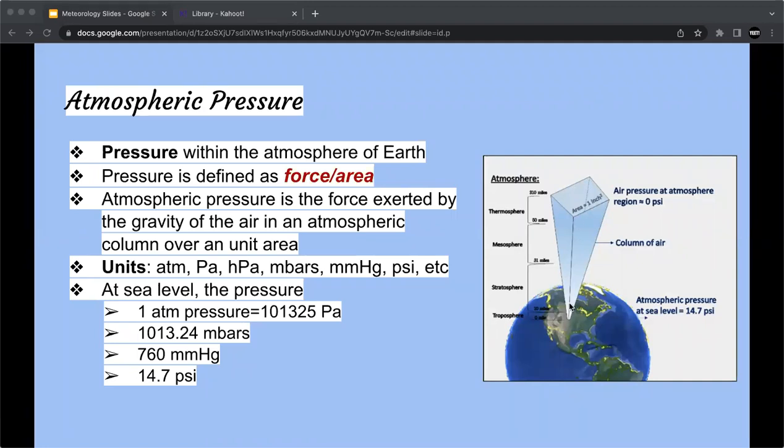In this area of 1 square inch, we have air over us, putting weight on us. You might not notice it, but air has weight. And as you're lower, obviously there's more air above you, so the pressure will be higher.